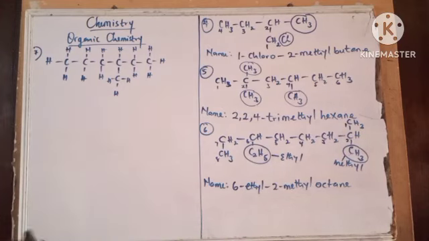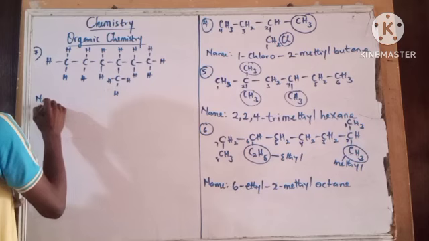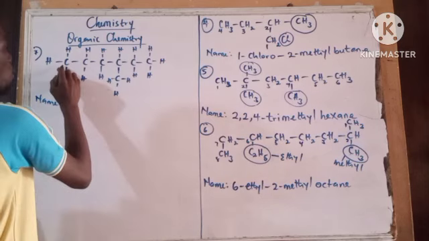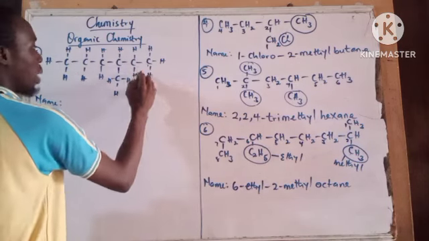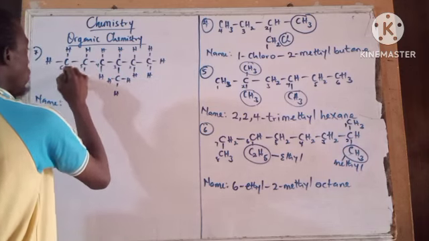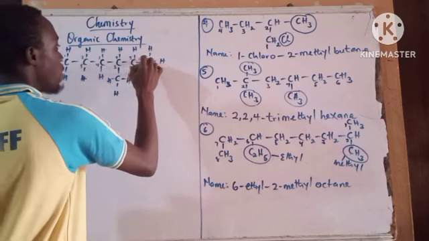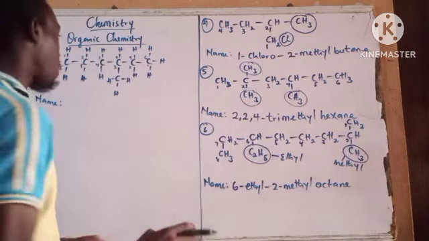So we are given this skeletal structure and we are asked to name the compound. So again, longest continuous carbon chain, we have carbon 1, 2, 3, 4, 5, 6. The longest continuous carbon chain here is 6.